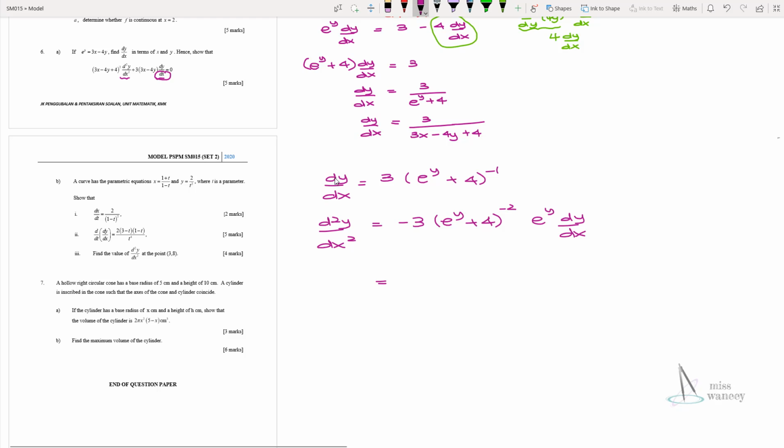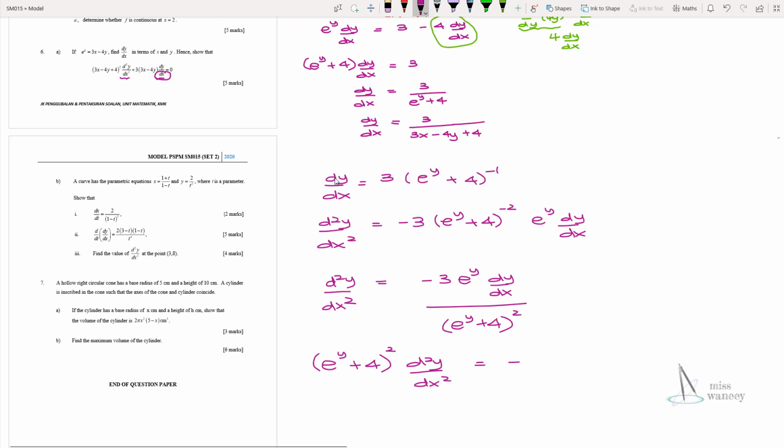Okay, so what do we have is negative 3 e^y dy over dx over e^y plus 4 square, and this is actually equal to d2y over dx square. So I'm going to bring this to the left hand side. So e^y plus 4 square d2y over dx square equal to negative 3 e^y dy over dx.